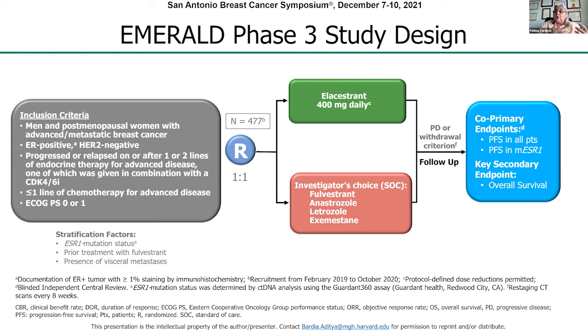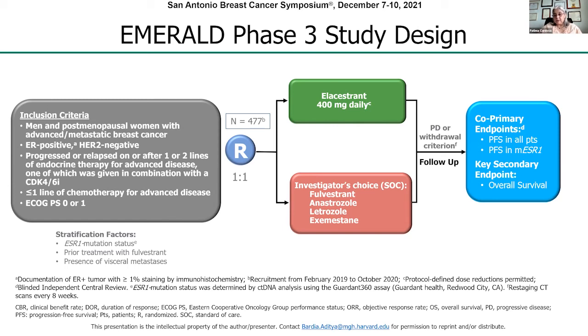And these agents also have something else, which I will not go into in detail, but I told you there is a new biomarker coming, which is the mutation of the estrogen receptor called ESR1. Apparently, these oral SERDs are more effective in blocking the tumor cells that have this mutation in the receptor.